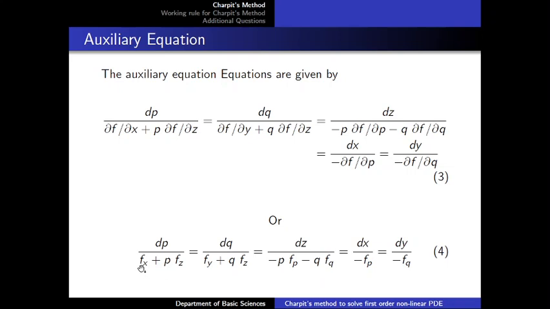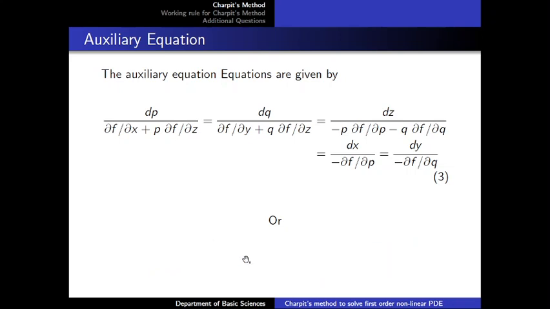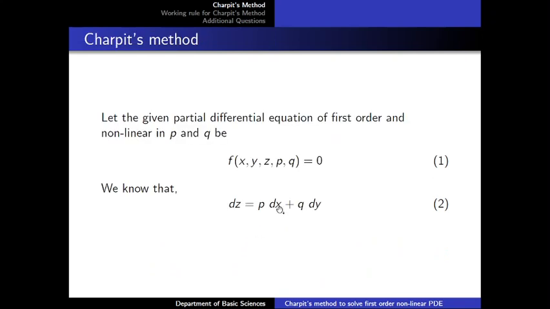After evaluating fx, fy, fz, fp, fq, the set of auxiliary equations will be used to evaluate p and q. For that, first we will take any two pairs from these 5 ratios so that we can evaluate either p or q. Then after evaluating p and q, we will substitute the values in equation 2 to get the solution.